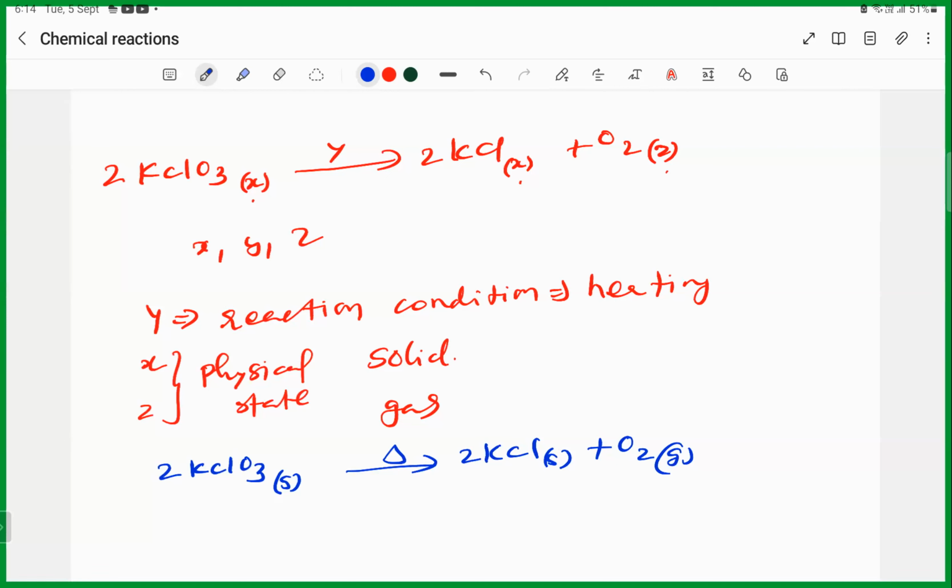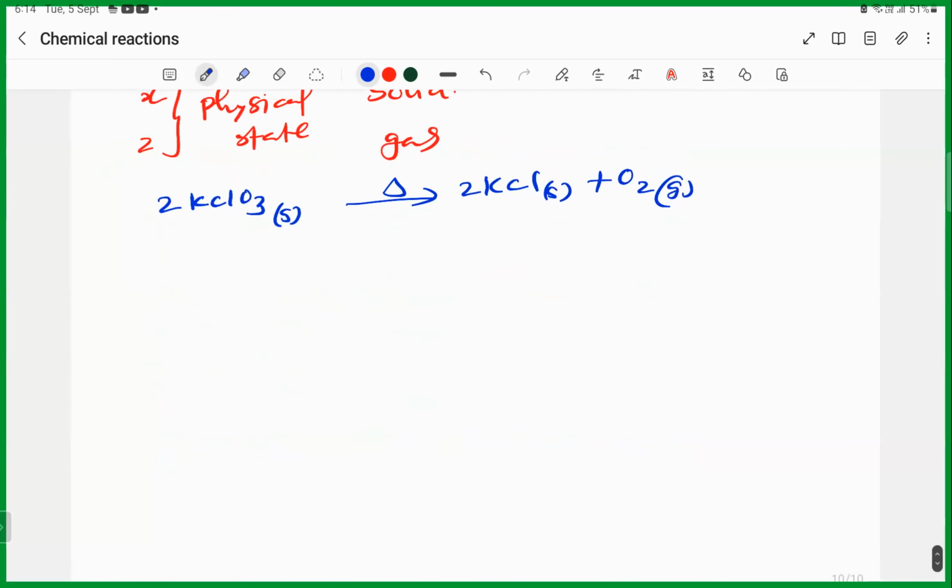In a double displacement reaction, such as the reaction between sodium sulfate and barium chloride solution.